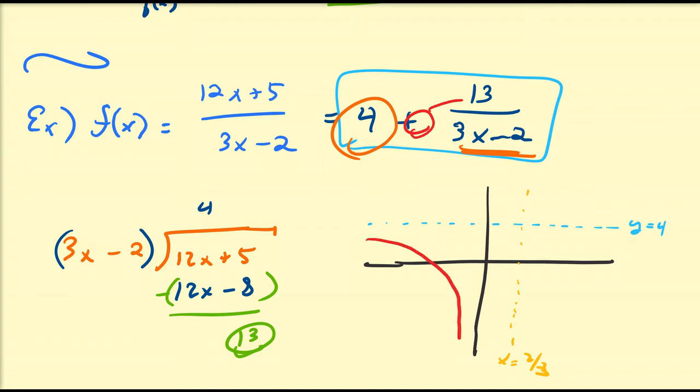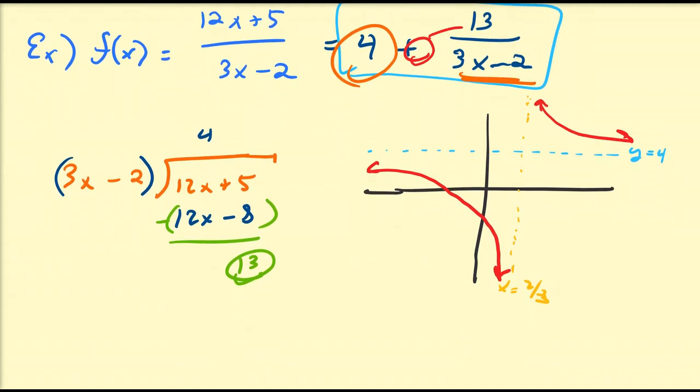So we're going to be somewhere down here and then somewhere up here. Remember, the red curve approaches the yellow and blue but never touches it. So let me draw this a little more illustratively. We should have something more like that. That's just a sketch of this function.